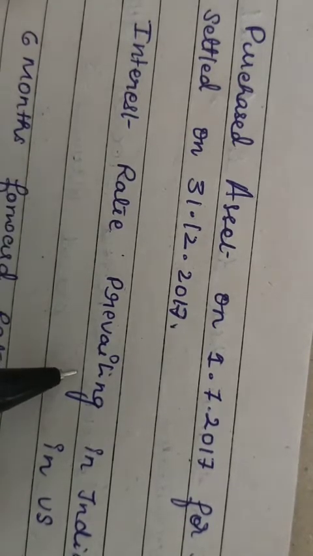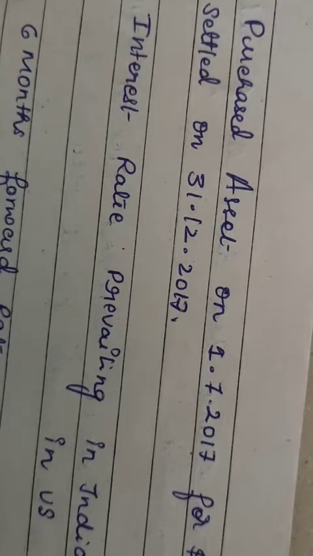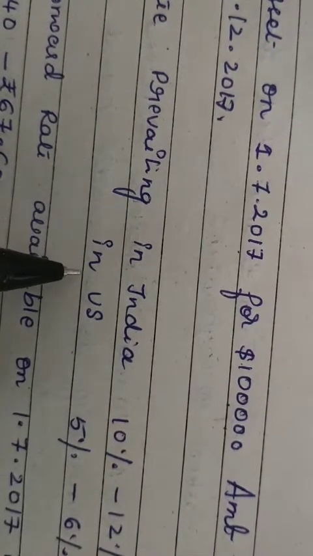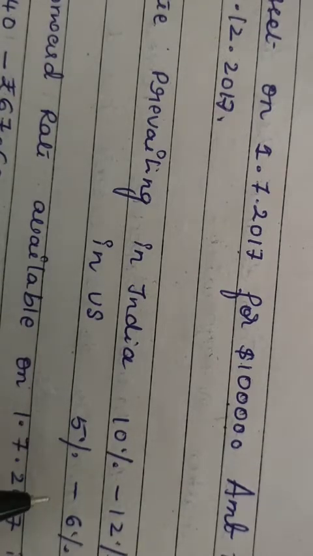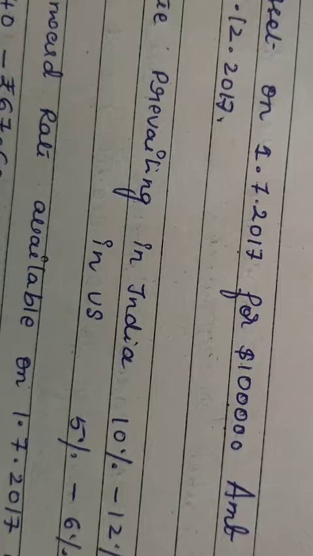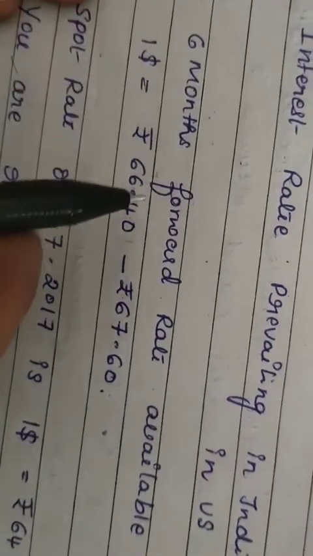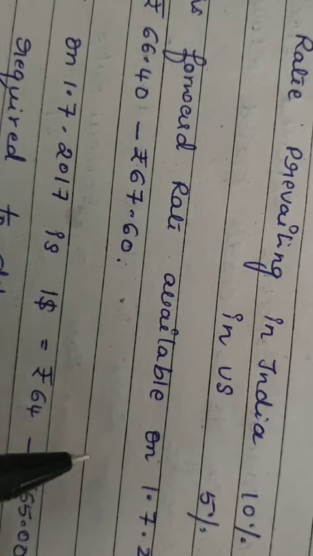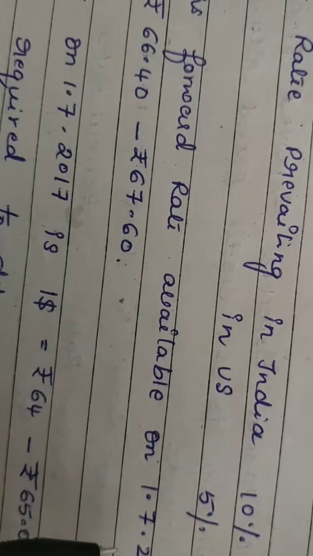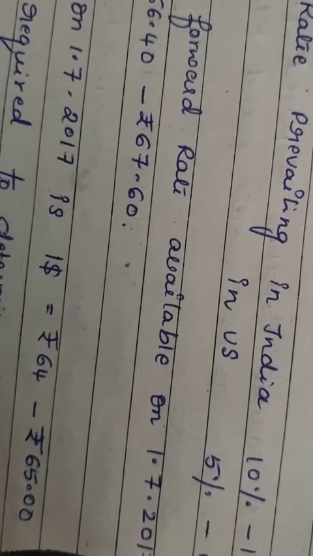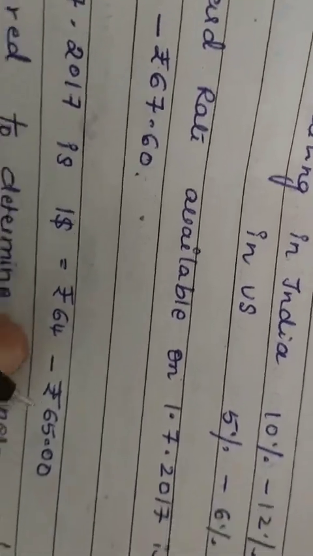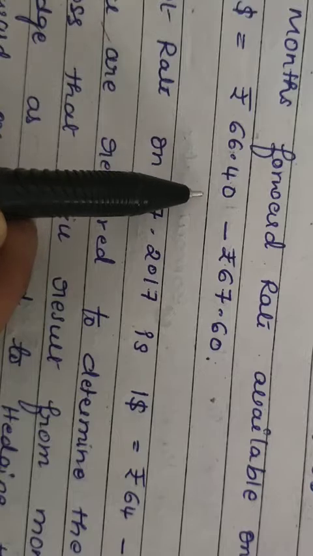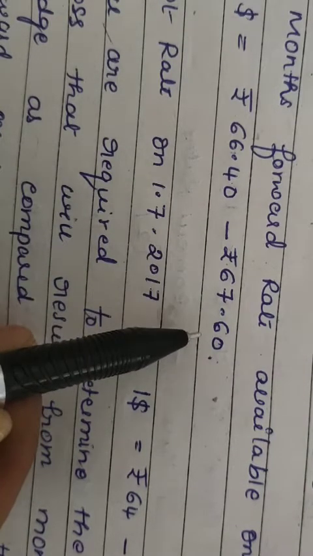Interest rates prevailing in India 10% and 12%, in USA 5% and 6%. 6 months forward rate available on 1st July 2017 is $1 equals to rupees 66.40 to rupees 67.60.